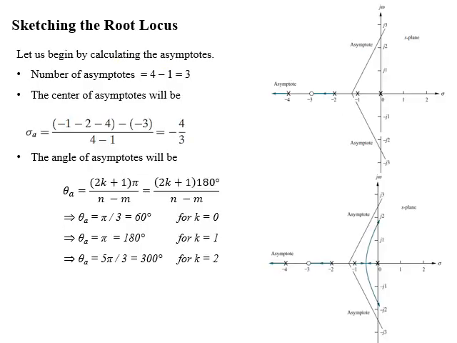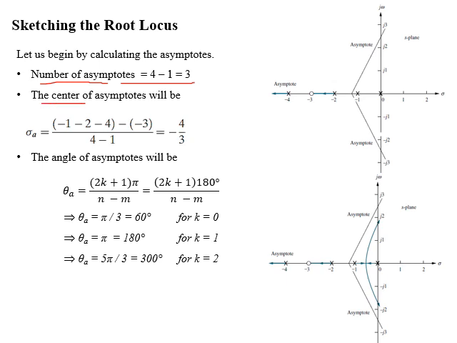Dear students, in this example we know that 3 branches of root locus will end on zeros of the open loop system which lie at infinity, and for this we will find asymptotes. The number of asymptotes will be equal to the number of finite poles minus the number of finite zeros, which equals 3.